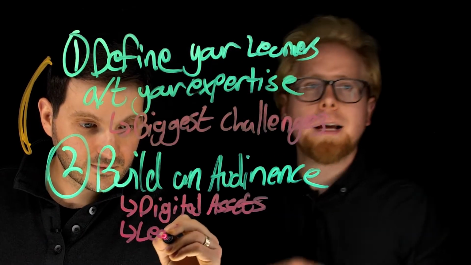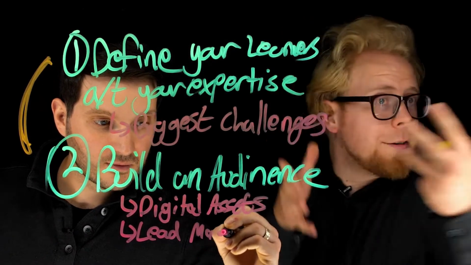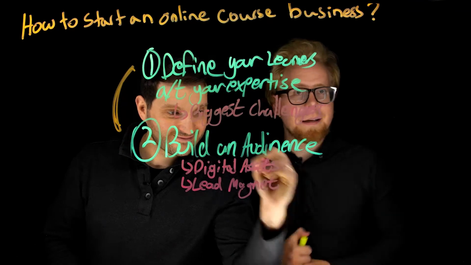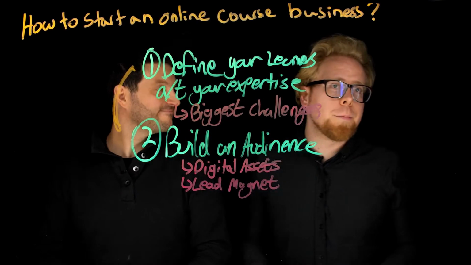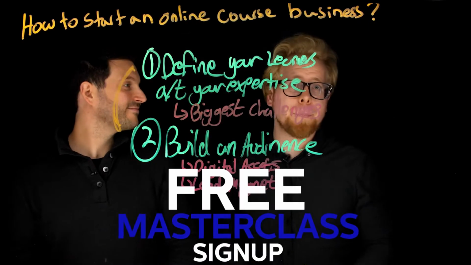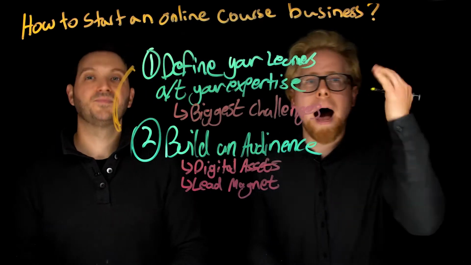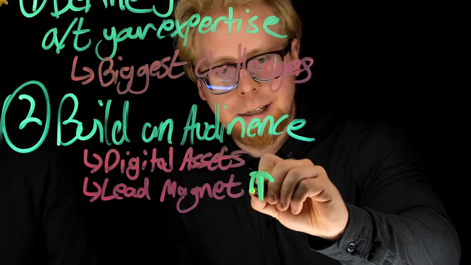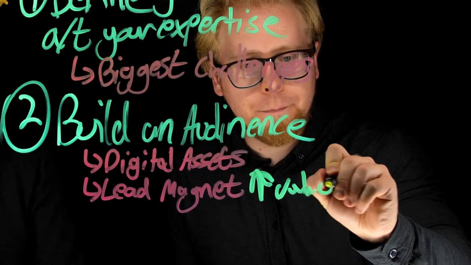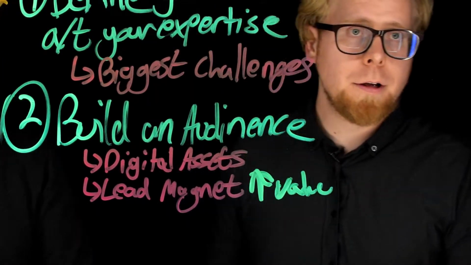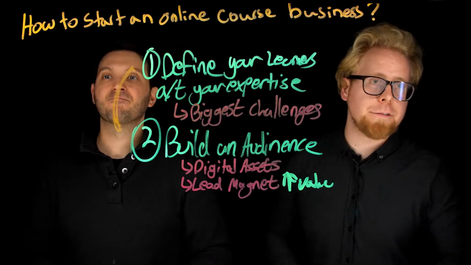The digital assets attract people. This is our digital asset. Then the lead magnet gets them to sign up for your masterclass or whatever, sign up for our masterclass. By the way, this lead magnet needs to be of high value, lots of value. And it needs to be generous. You need to give away the best stuff.